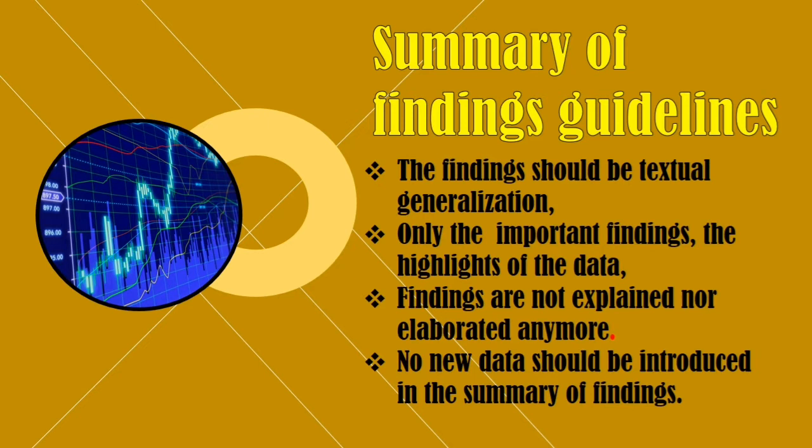Next, findings are not explained nor elaborated anymore, meaning they should be stated as concisely as possible. And another is no new data should be introduced in the summary of findings.